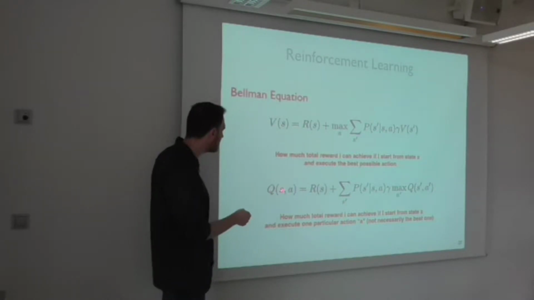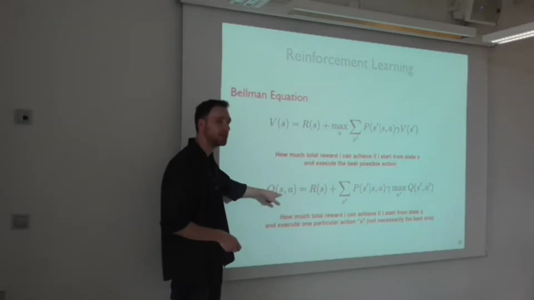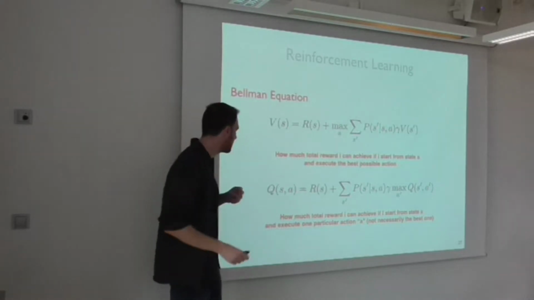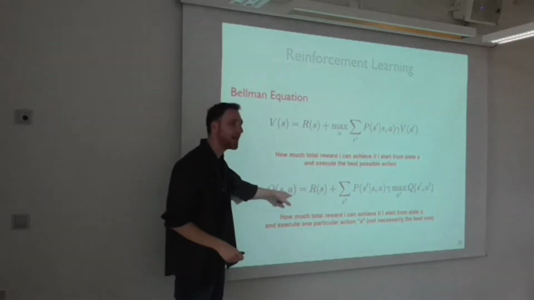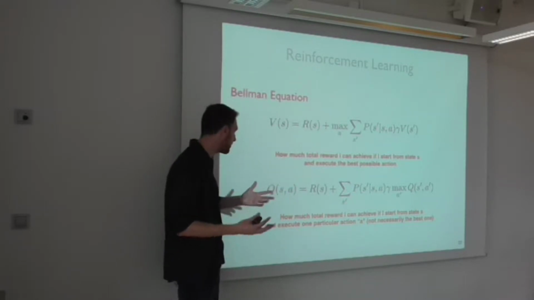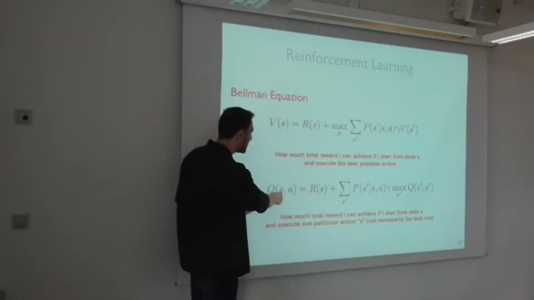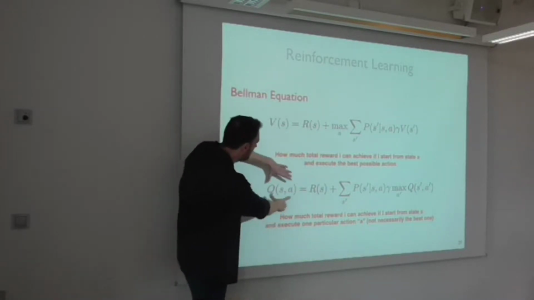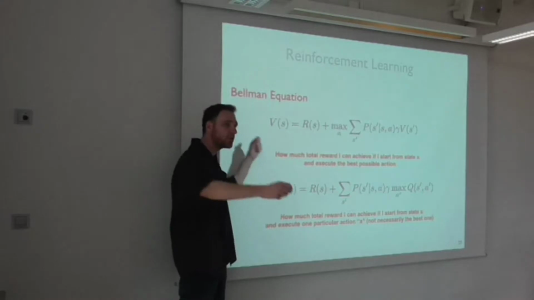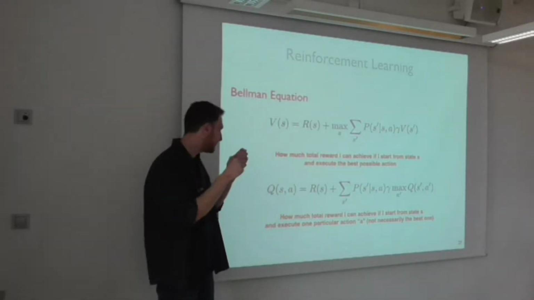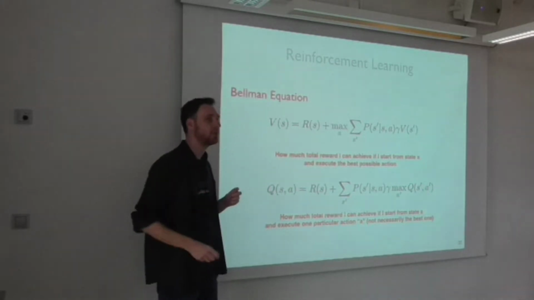What this is measuring is if the agent starts in some state S of the game, like the agent is in one specific position on the screen, and the agent executes this action, A. It could be the best action, it could be a terrible action, we don't know. But given that it was in this situation and executed this action, this function returns the total reward that the agent expects to get from that point until the end of the game.